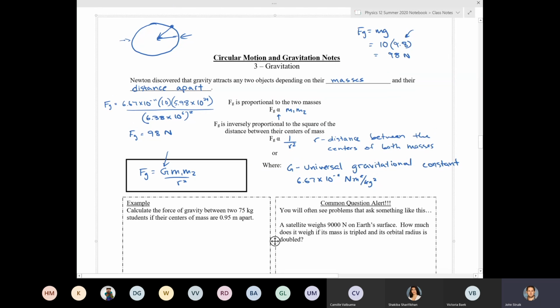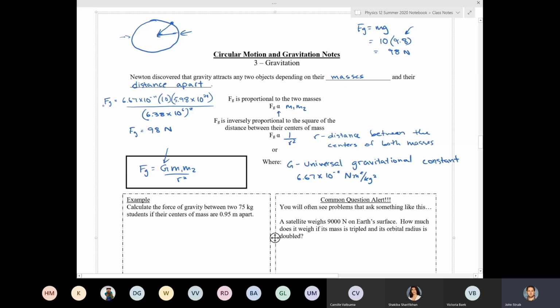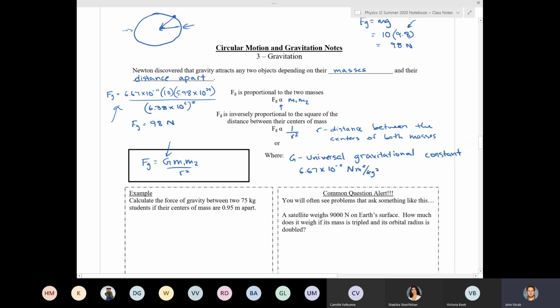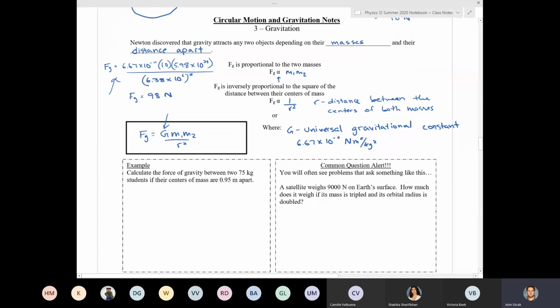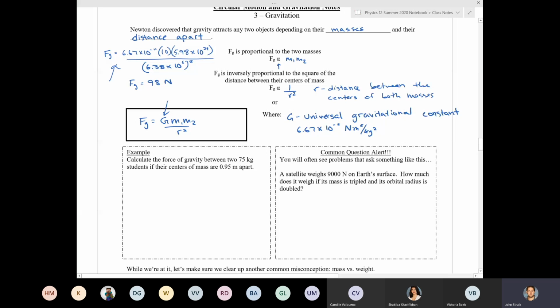So the value of g is coming from this formula. It's not anything new, that's just where it's coming from. It's actually a bigger formula than what we've been taught, and some of you have probably seen this before. It's often taught in Physics 11 as well.